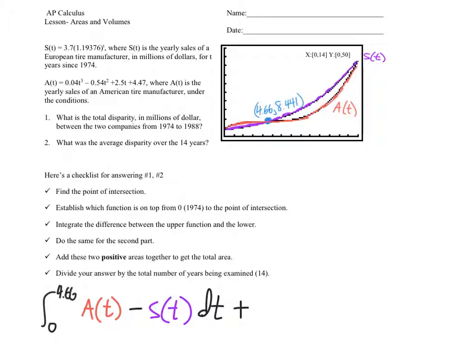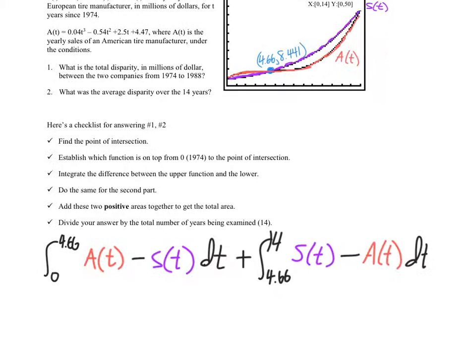All right, and then I'm going to add to that, going from 4.66. So the max would be 14, obviously, because it would be ridiculous otherwise. I subtract in the other order and pop it in, and hopefully come up with the right answer. Anyway.